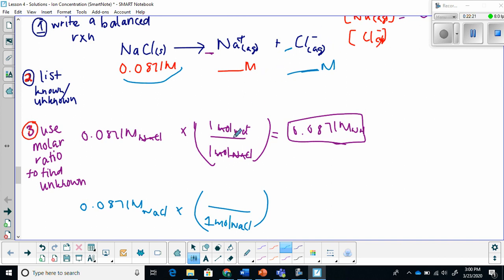For every unknown, you have to write a brand new statement. So 1 mole of Cl minus, 1 times 1 divided by 1 times our concentration. Anything is itself, so chloride would also be 0.0871 moles. From now on, I will be only calculating one concentration for each example, and you will be doing one on your own.